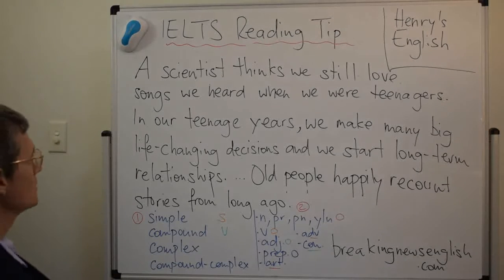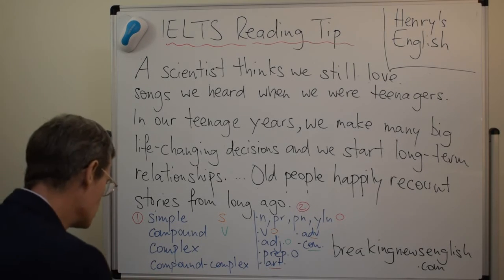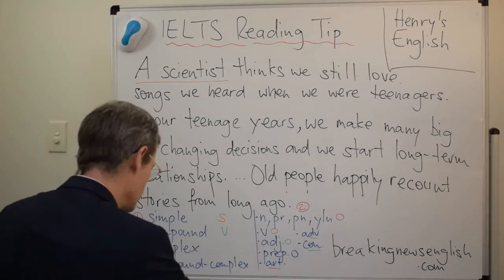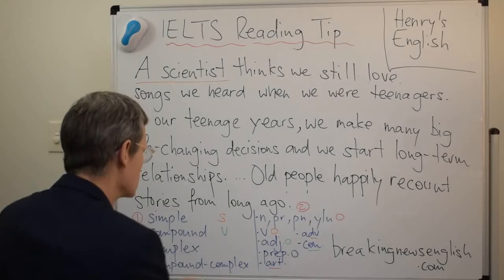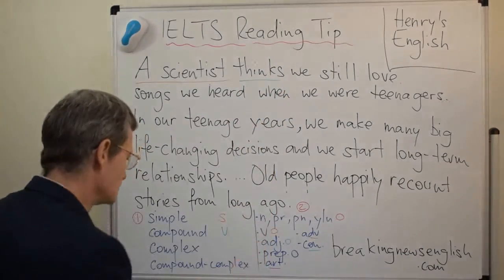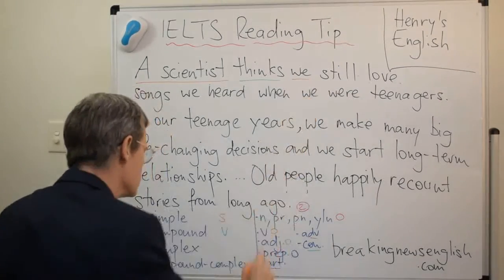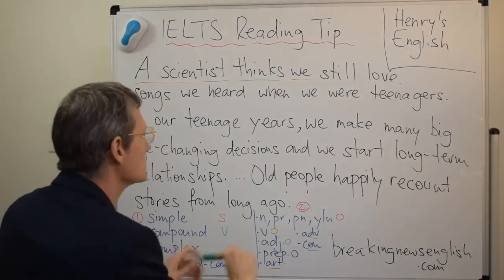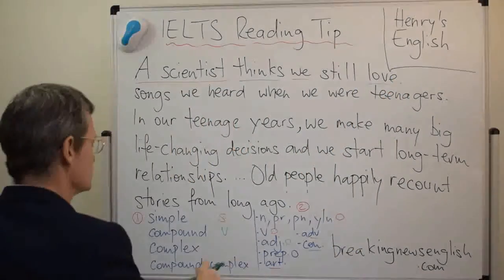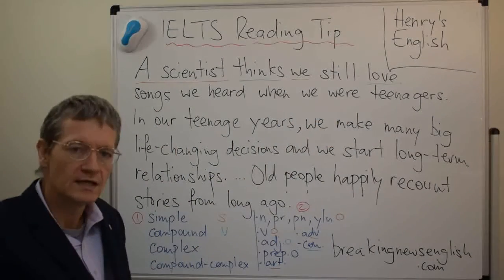Okay, so let's have a look. We've got here a scientist is a subject, and thinks is the verb that goes with the subject. And we is a subject, and love is the verb that goes with the subject. Now, I'm not going to underline anything here, and I'll tell you why in a moment.